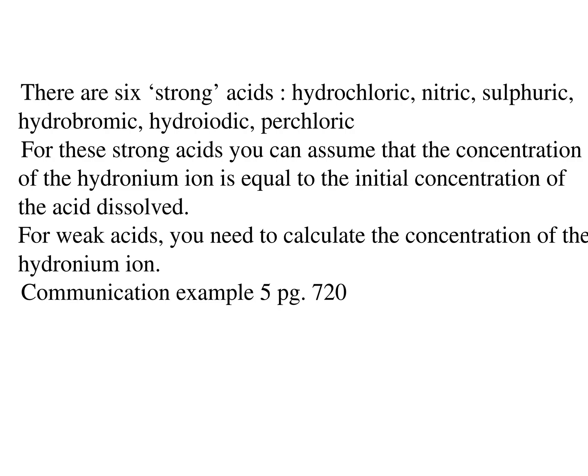So the 6 acids that 100% ionization rate applies to are the 6 at the top of our acid-base table: hydrochloric acid, nitric acid, sulfuric acid, hydrobromic acid, hydroiodic acid, and perchloric acid. For these acids, we can assume that the concentration is the same for the original acid and the hydronium ions.